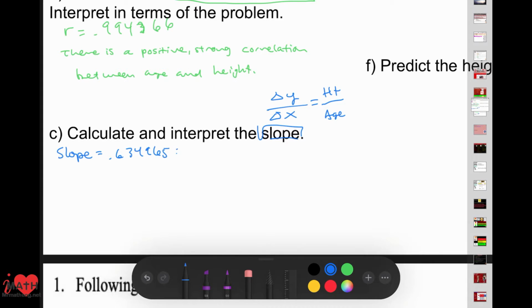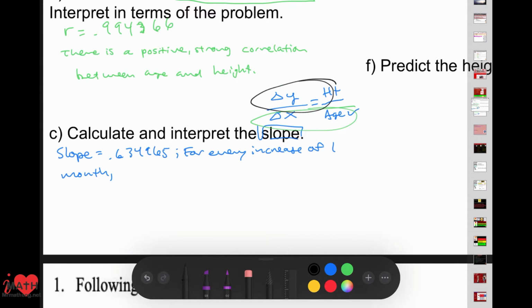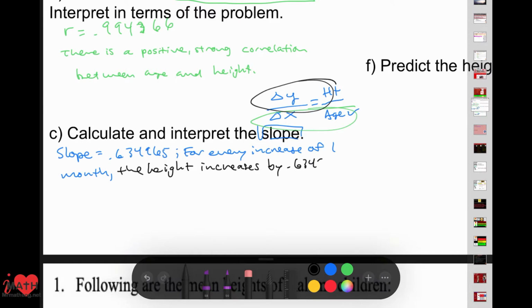So we can say for every increase of 1 month, that's this bottom part here, the height, positive or negative, it's positive, increases by 0.634965 centimeters.